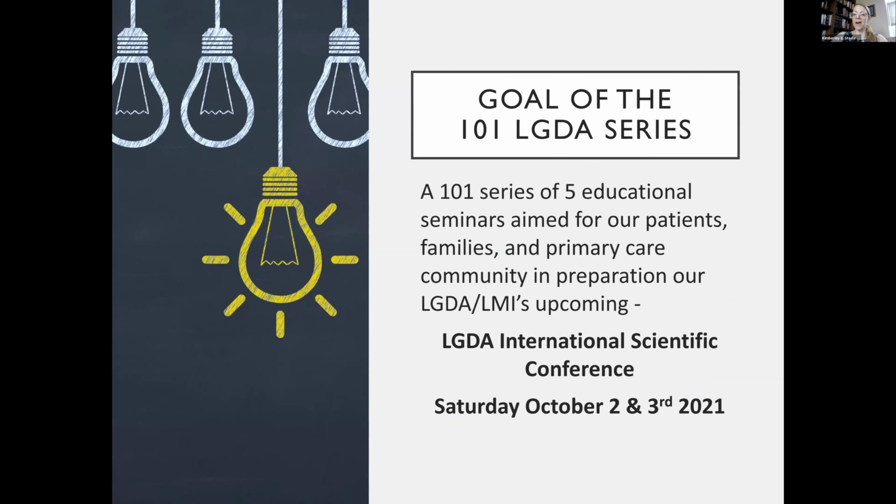Now, the goal of our LGDA 101 series is that we are going to talk about 5 educational important topics, and they're aimed for you, our patients, families, and even the primary care community in preparation for, most importantly, our International LGDA Scientific Conference. And that's taking place on Saturday, October 2nd and 3rd, 2021. And we would love to see you all there.